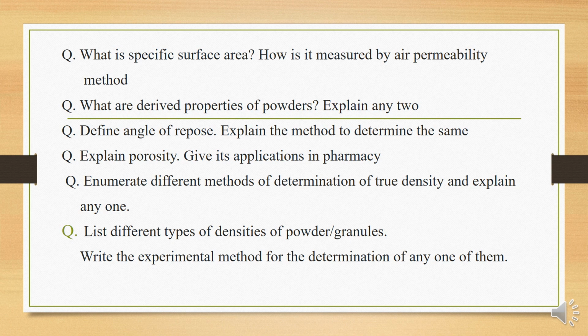The last question in this slide is to list different types of density, so for that you can utilize this. You can write about the helium displacement method or the liquid displacement method. Normally we do this in the practical, so this question will be easy to attempt. So that is the first one, true density.